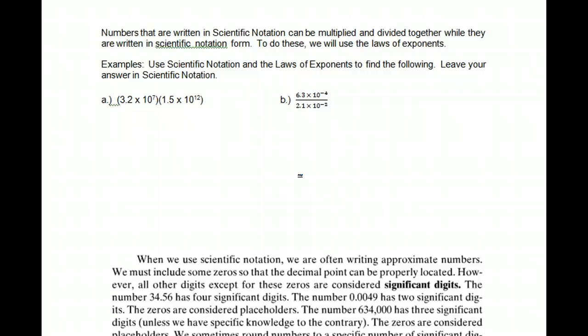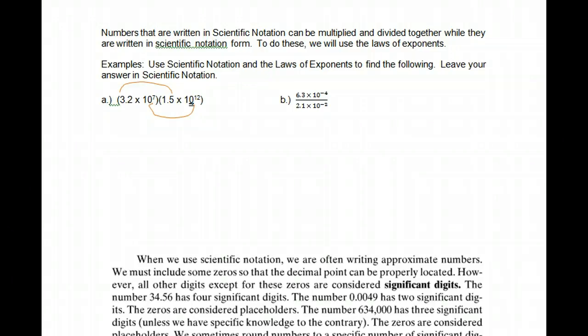If we convert our work into scientific notation and use our laws of exponents to help us, it makes our work really easy. And the way that we do this is by first multiplying those two numbers, and then lastly using the laws of exponents to multiply the last numbers.